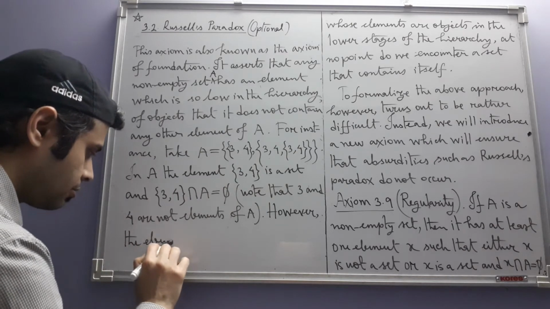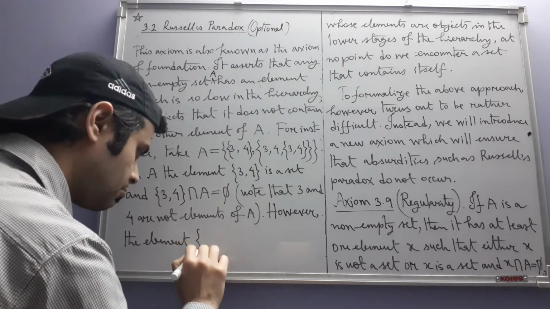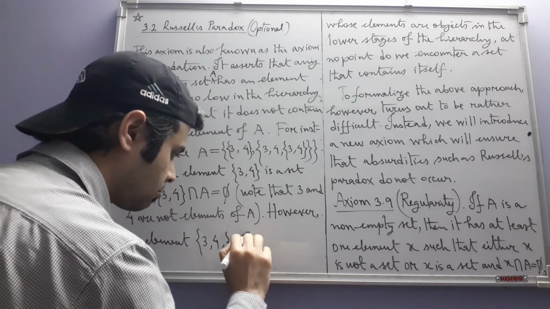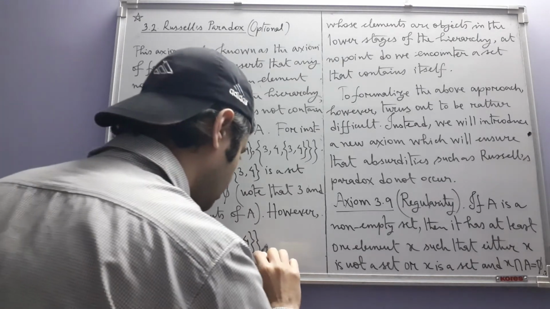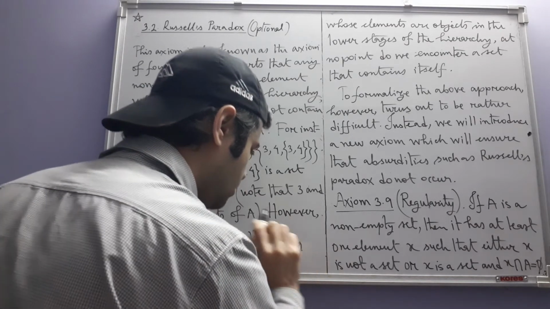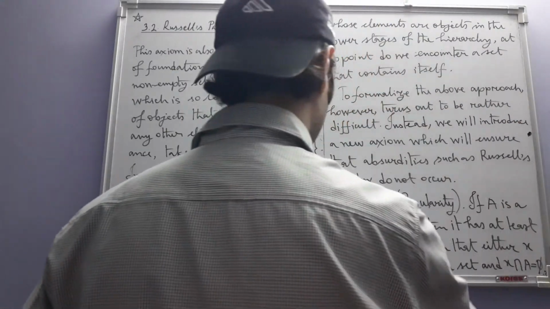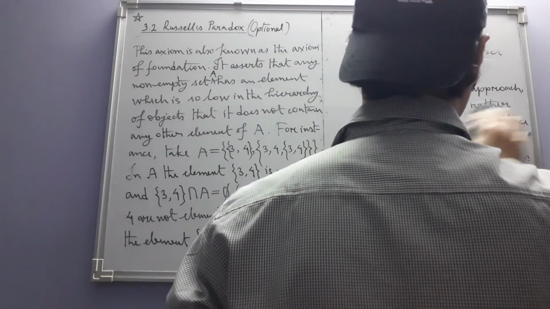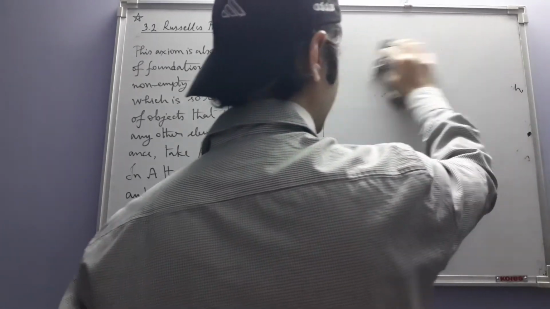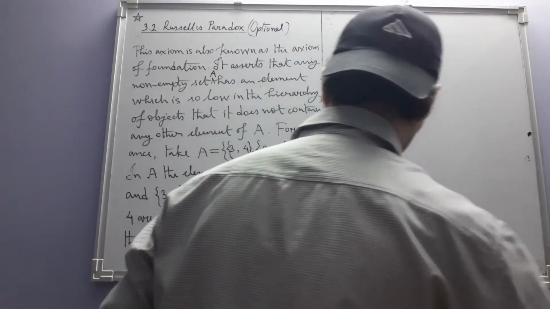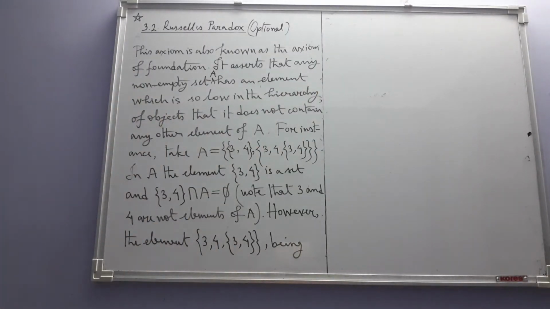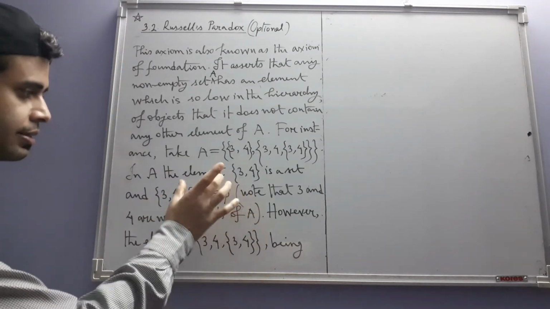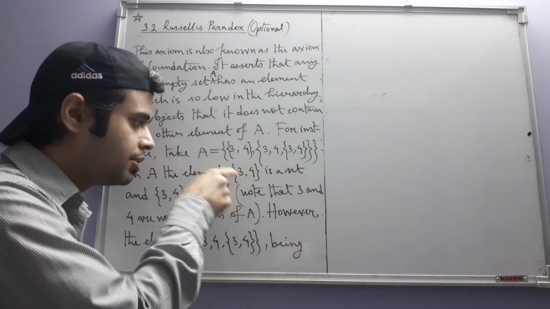The element being this element that we are considering now, this other set, this is somewhat higher in the hierarchy of objects, definitely higher than this one, because this is a primitive set.